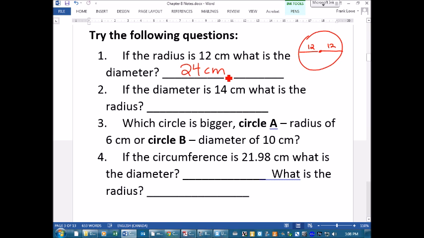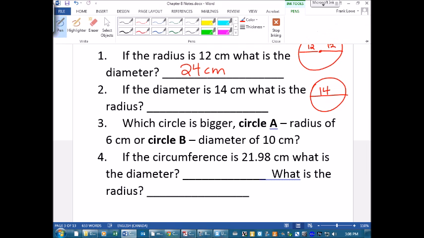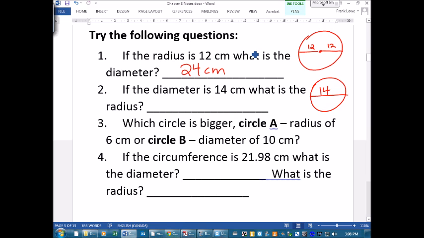Okay, if the diameter is 14 centimeters, what's the radius? So here's another circle. We have a diameter of 14 centimeters. So radius is half of that, right? So we need to cut that baby in half. So we're going to cut it right in half, right there. So half of that, just this portion, is 7 centimeters, you bet.